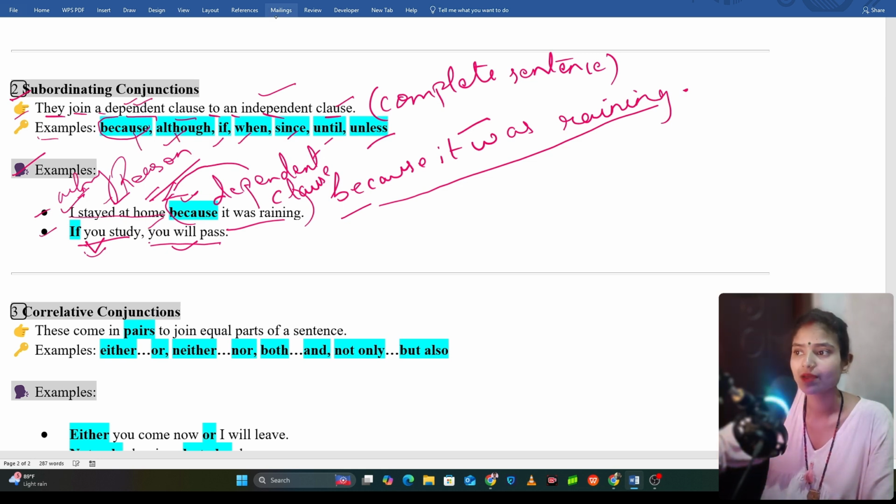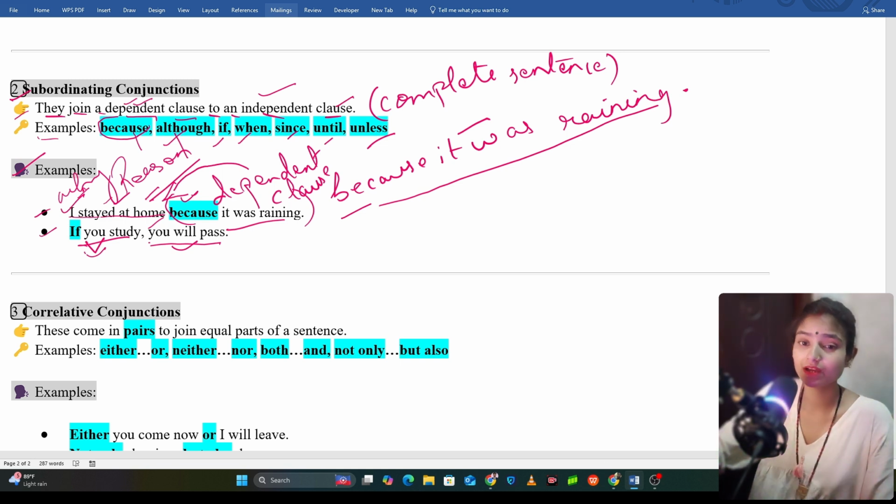The words are because, although, if, when, since, until and unless. These words come under subordinating conjunctions. We are going to learn all these words with understanding in the next video. Don't be worried that I'm not explaining all these words. Now we'll move on to point number 3, correlative conjunctions.